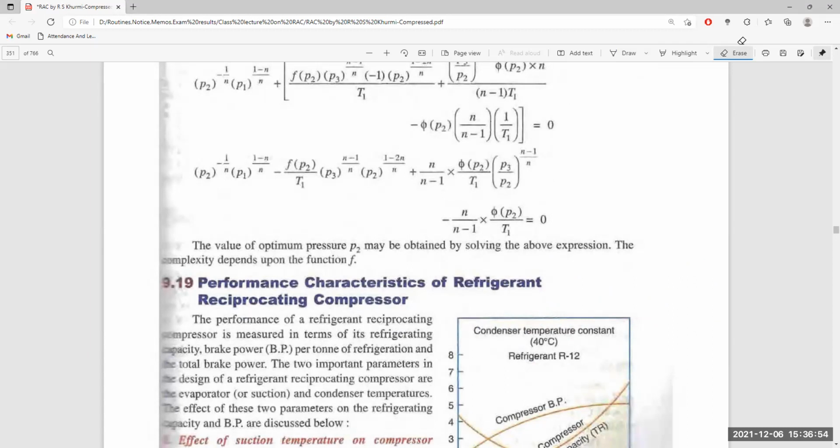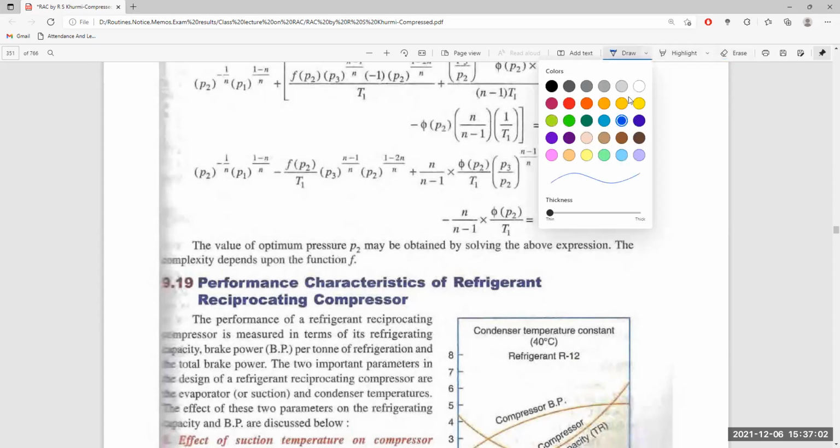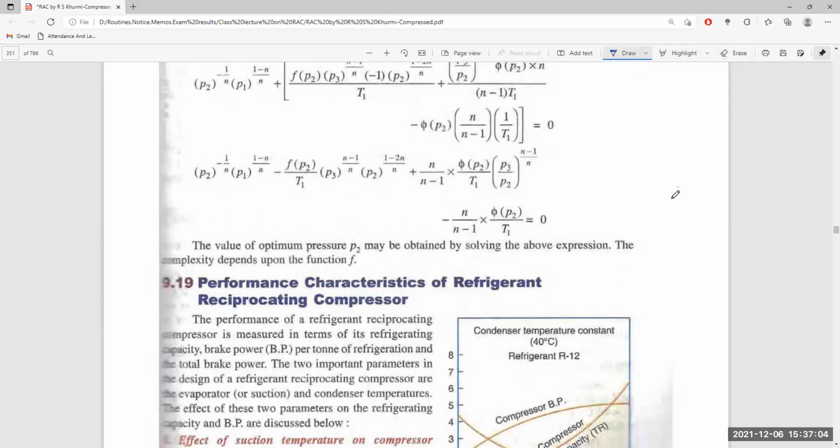Now, what we are doing is investigating the performance of a representative reciprocating compressor. Now, how will you perform? How will you judge the performance of your compression?